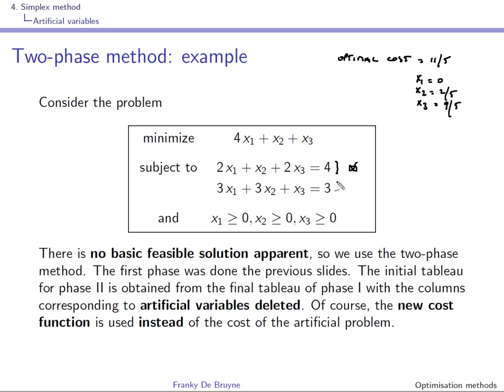Let us check the second equation here. We have 6 over 5 plus 9 over 5, that's 15 over 5, that's a 3, that's correct as well. And if we plug the values in the costs, well, you can see that you will have 11 over 5, so this seems to be okay as well.